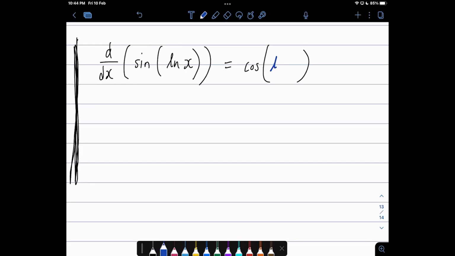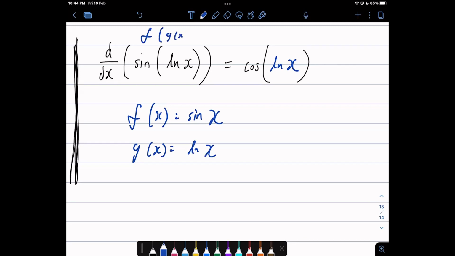This is the chain rule. The outer function f(x) is sine x. The inner function g(x) is ln x. So this is actually f of g of x. When you differentiate, you f prime the outside first, keep the inside g(x) the same, then multiply by the derivative of the inside.